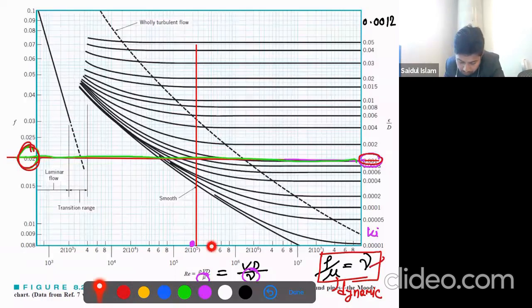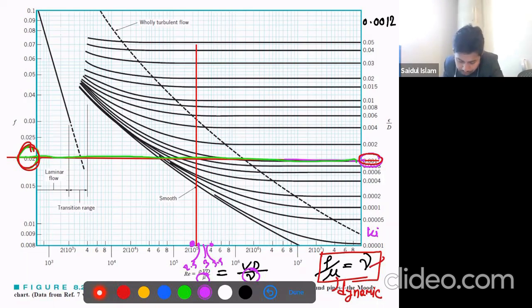So that means we can say this point is 2.5 times 10 to the power 5. This point is 3 times 10 to the power 5. This is 3.5 times 10 to the power 5, and this is 4 times 10 to the power 5. You understand what I mean?